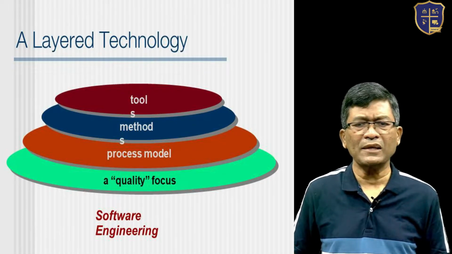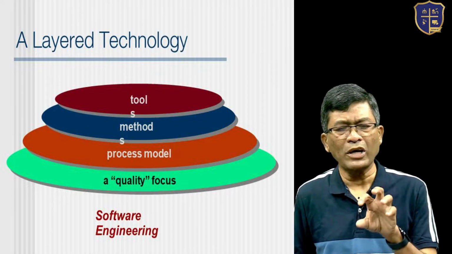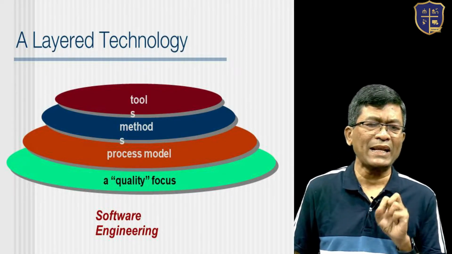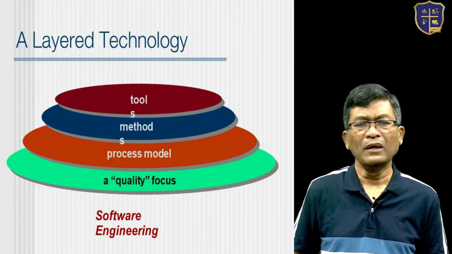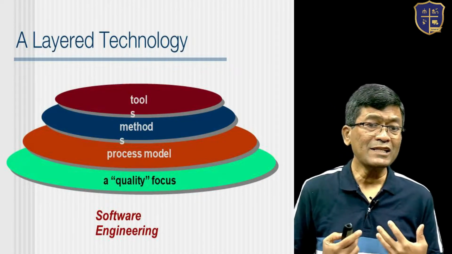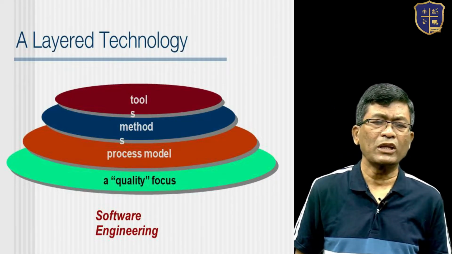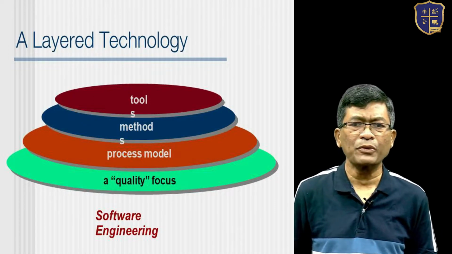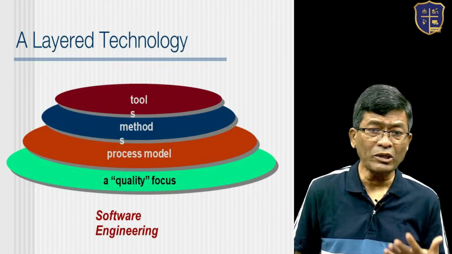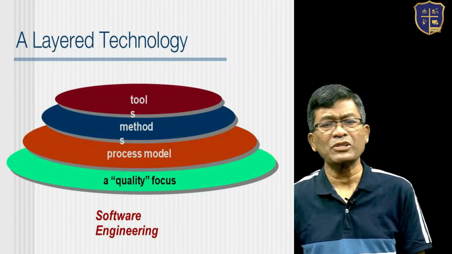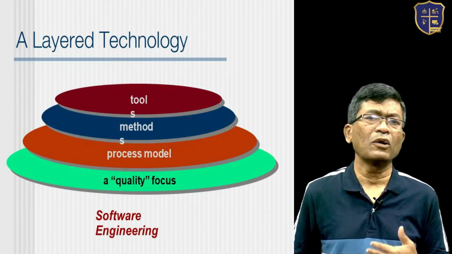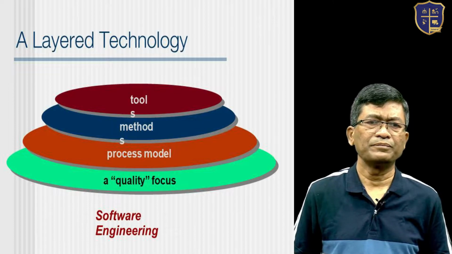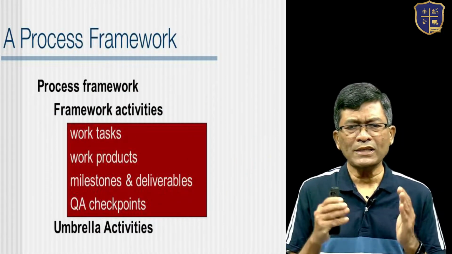There are multiple tasks, and you choose according to the process that you select. These methods are applied, and finally these methods are automated so that human involvement is reduced and more output is produced. So we have automation as well as semi-automation tools that can be used for engineering a software. And we call this framework.